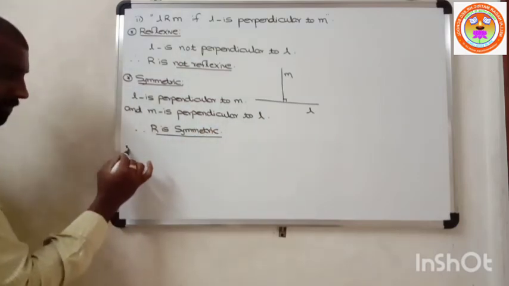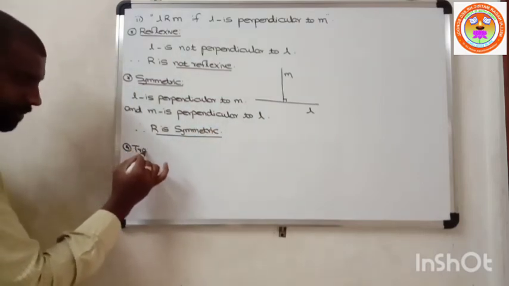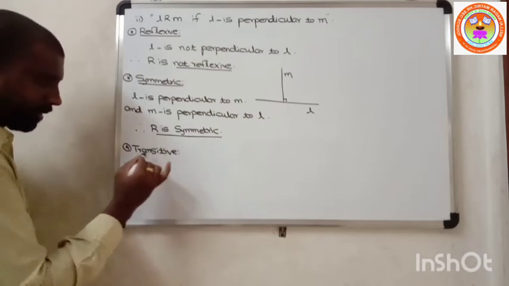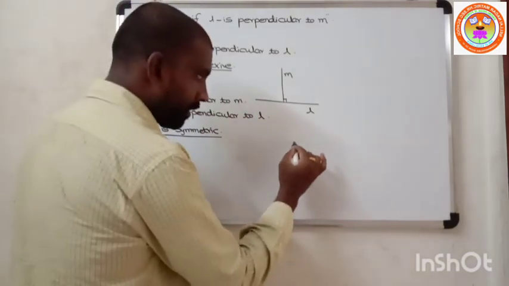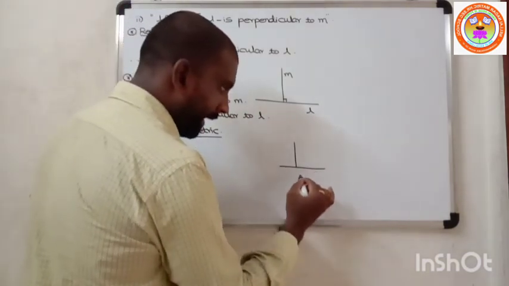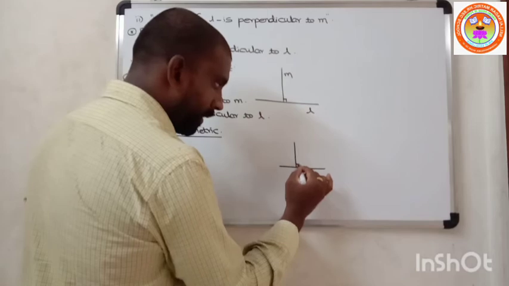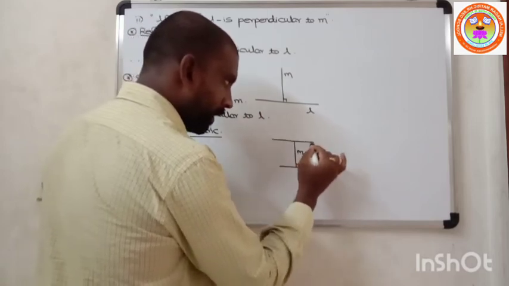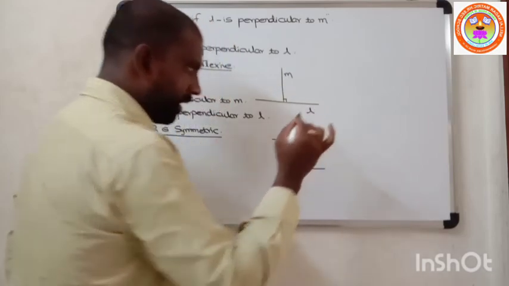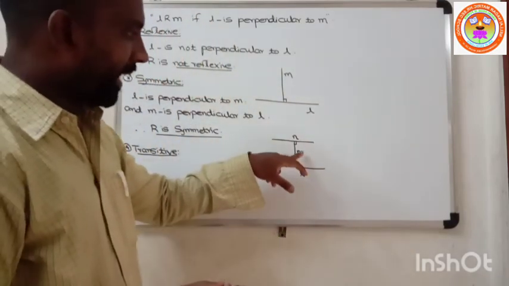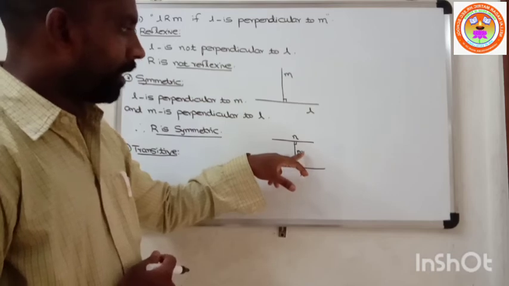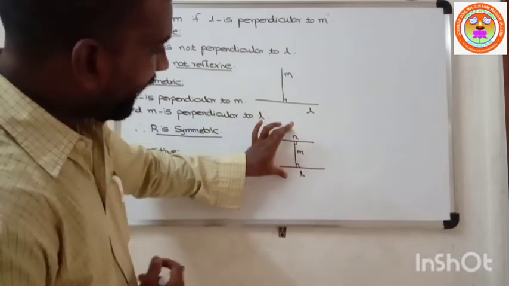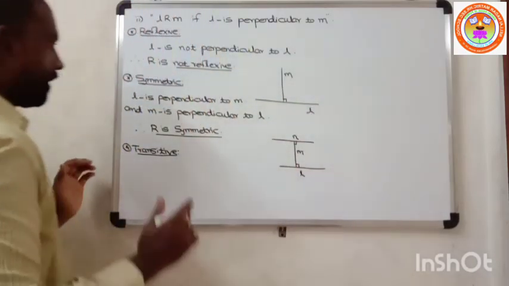Third one, transitive. Three variables you take, l, m, n. l is perpendicular to m, m is perpendicular to n, but l and n are parallel.